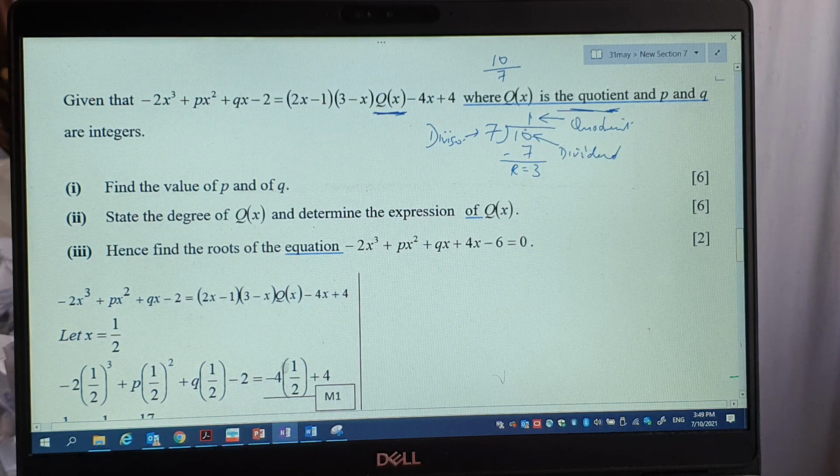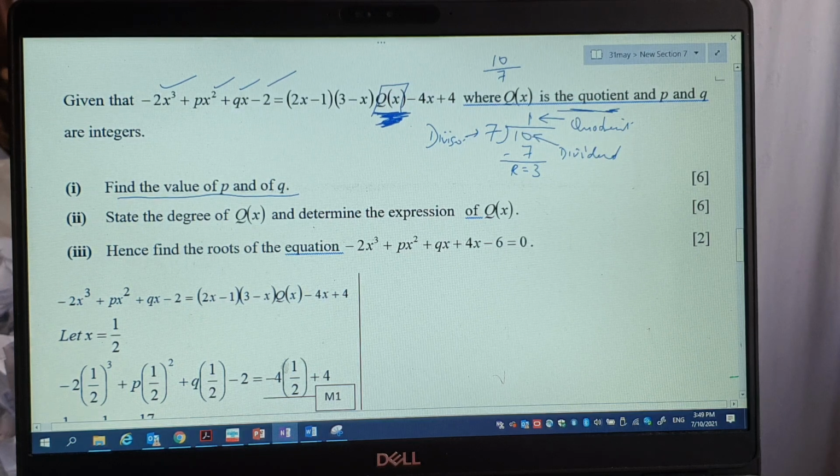Now you look at this question, we are not told what the Q(x) is. But we know that when you take Q(x) times this, then you go to minus 4x plus 4, you become exactly all these 4 terms here. Now how do you find the value of p and of q?